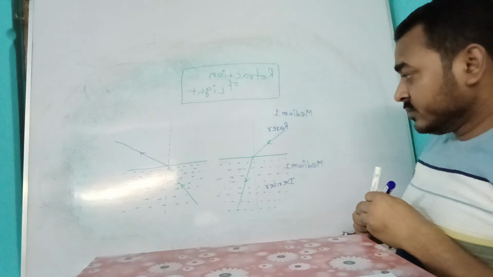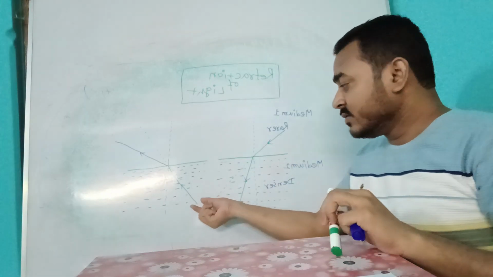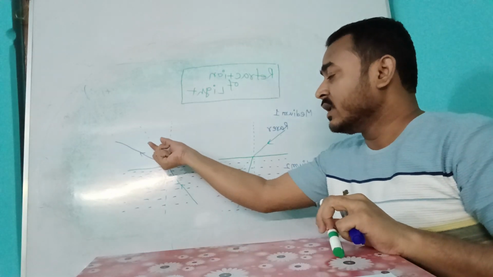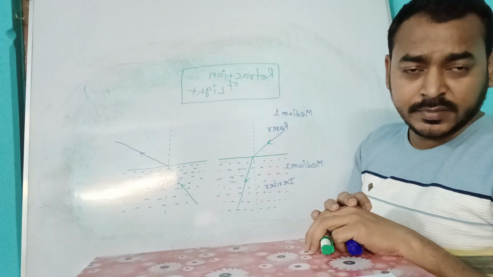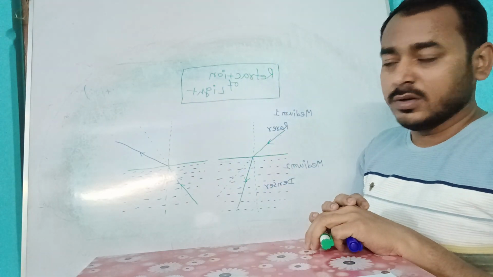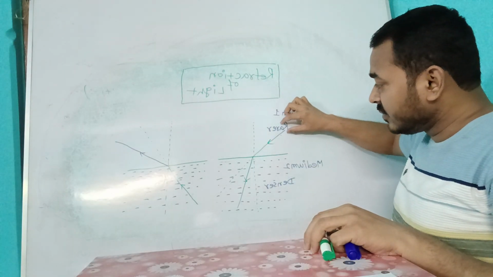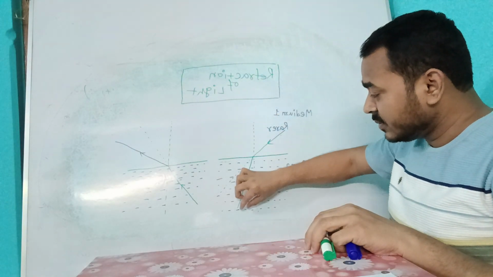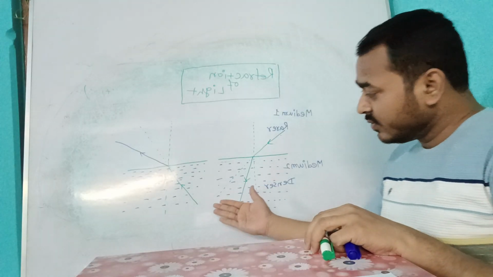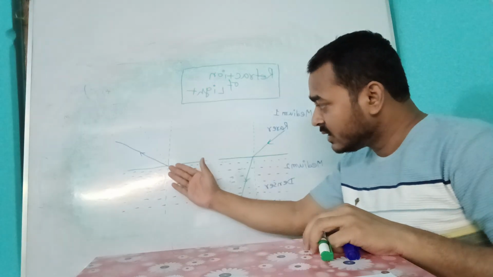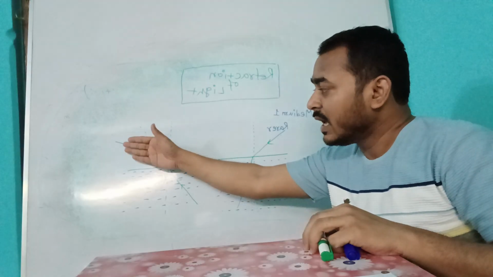It means when light enters from a denser medium to a rarer medium, it bends away from the normal. First, when light enters from rarer to denser medium, it bends towards the normal. Second, when light enters from denser to rarer, it bends away from the normal.